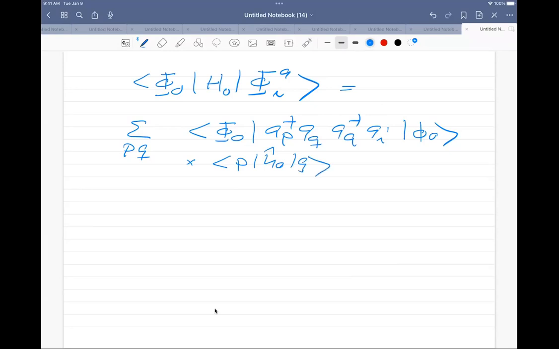Now, if you look at the possibilities which we have, then what we could have is actually something like this. This is non-zero.